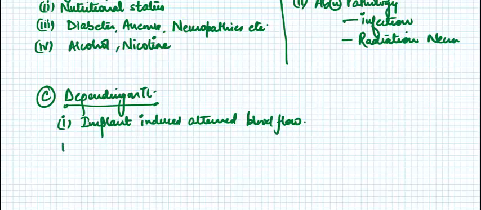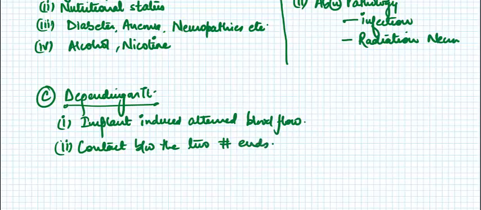Second, contact between the two fracture ends. Are they impacted? Is there a gap? Are they displaced? Is there over distraction? All these lead to difficulty in union of the bone, right? So this is the third category.